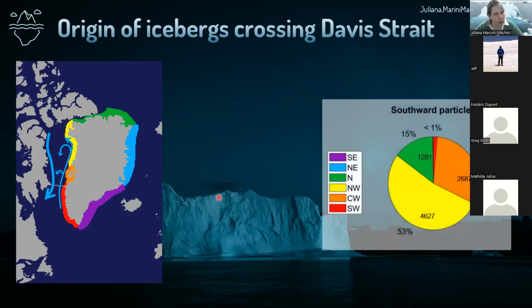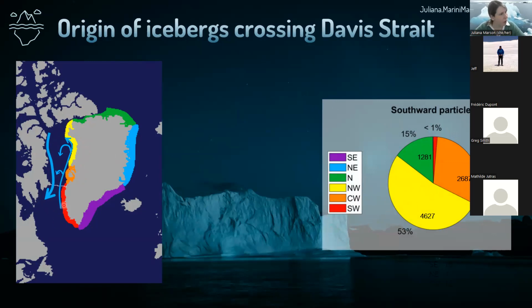And when you plot the origin of the icebergs crossing southwards, indeed, that's what you see. So there are no surprises here. Most of the icebergs that are crossing the strait southwards come from the northwest sector.